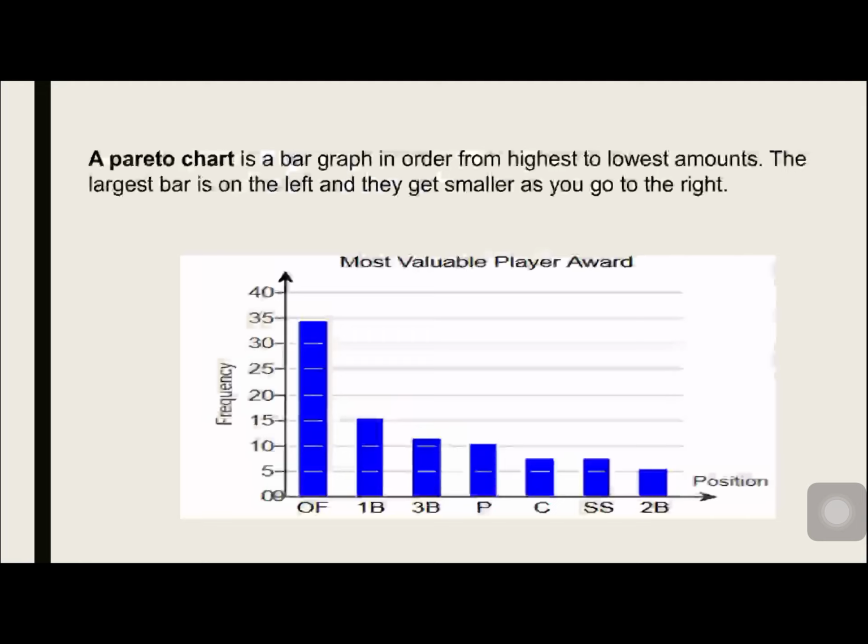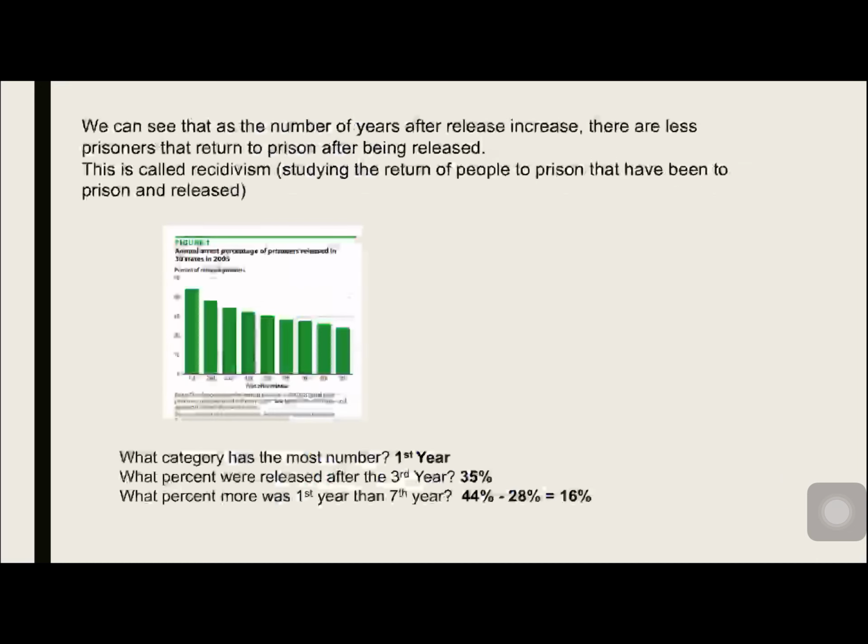A Pareto chart is a bar graph from highest to lowest. The largest bar is first and it goes down. Okay, we can see the number of years after release increases for this graph right here.